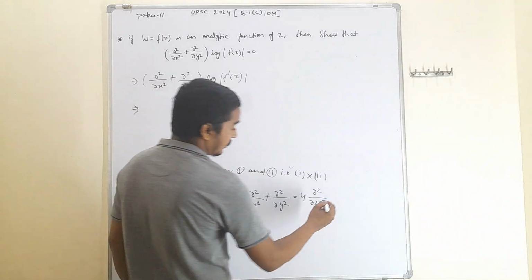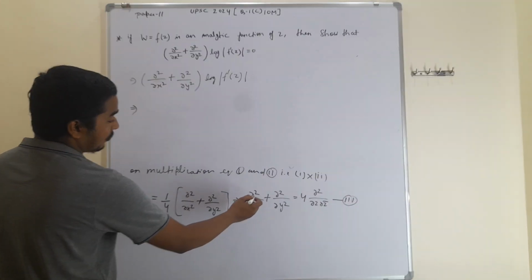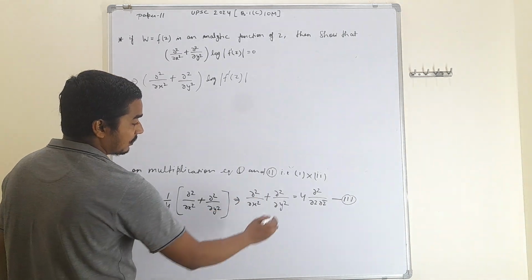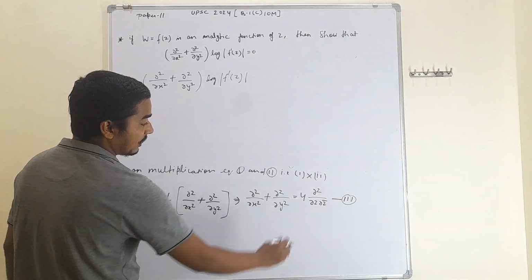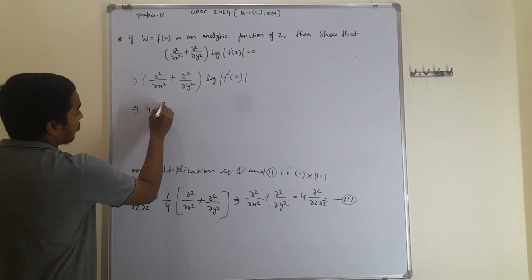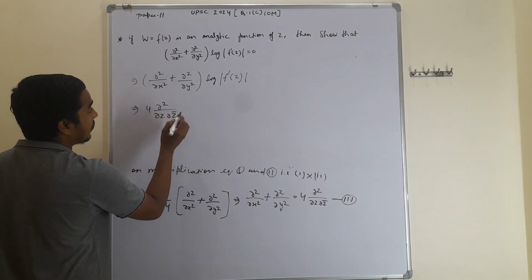This is equation third. From here, ∂²/∂x² + ∂²/∂y² is equal to 4 ∂²/∂z∂z̄, putting it here.